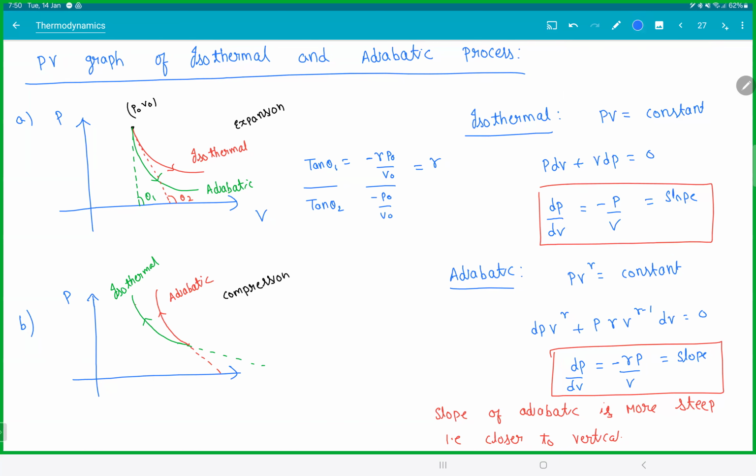Check it out. Simple mains level question. Which of the following is adiabatic and isothermal? People do goof up. Check this out.